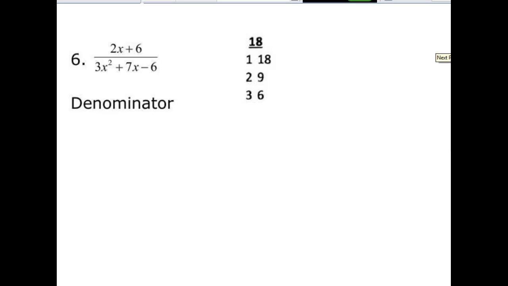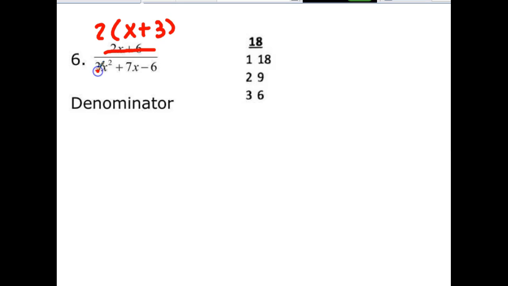The numerator here is a binomial. What factors out of 2x plus 6? I'm going to factor out a 2, and that's going to be x plus 3. That's how the numerator is going to factor. The denominator is a little bit more complicated.